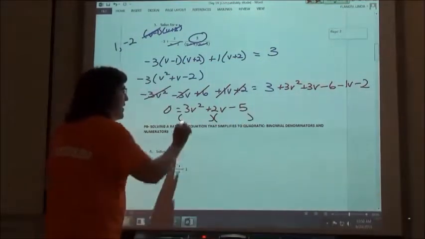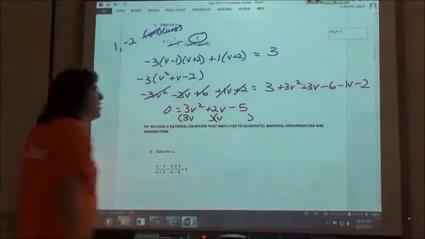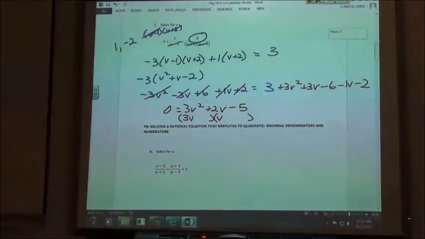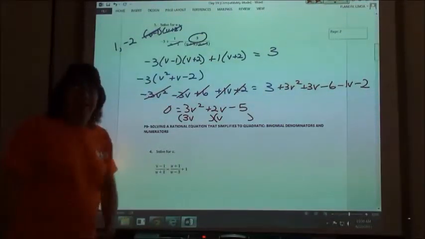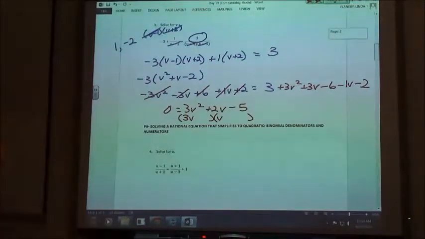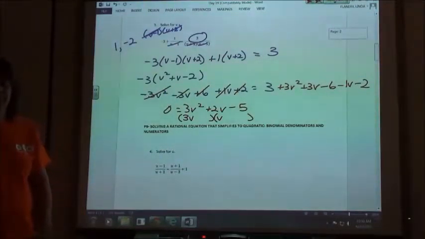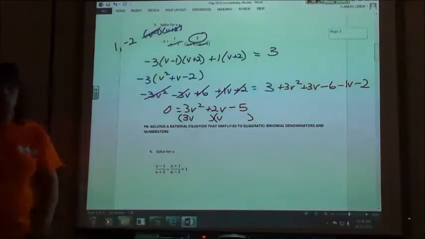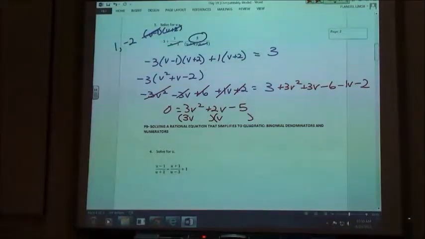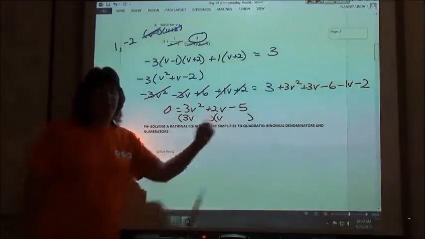So factoring that, 3v and v we know has to be the 3v squared, right? My signs in this case are going to be... what kind of signs am I going to have in here?